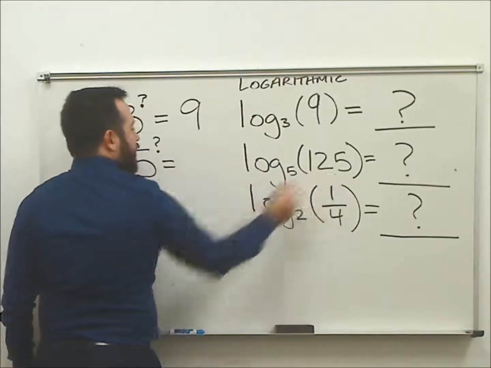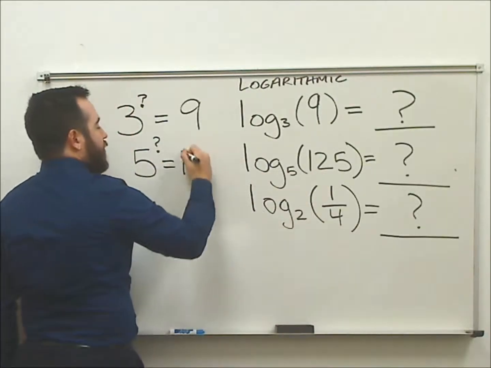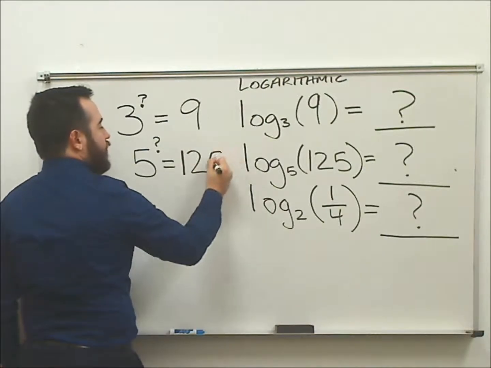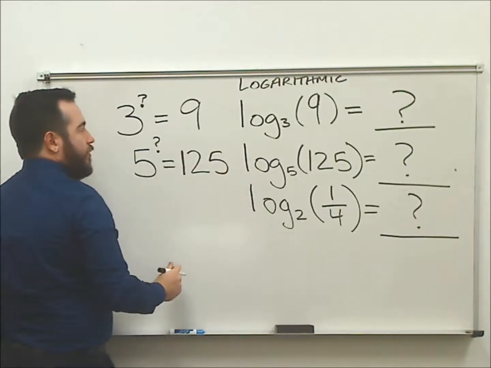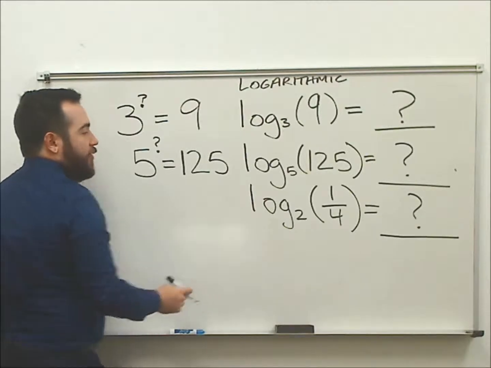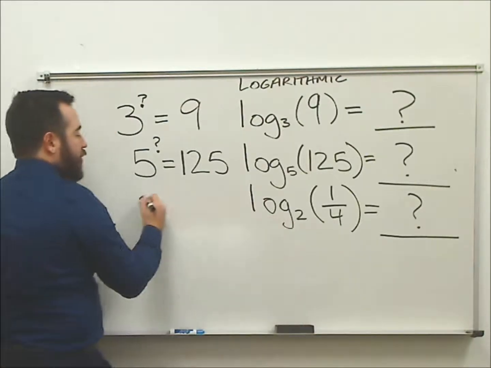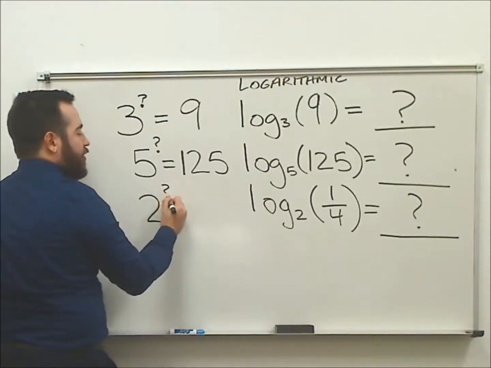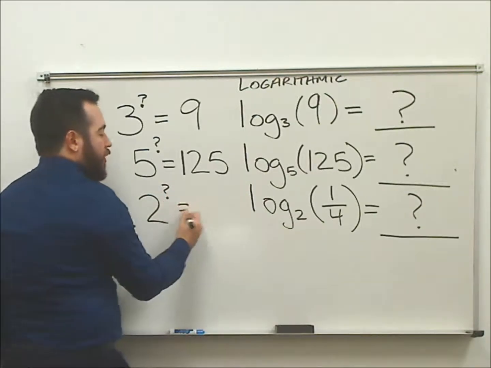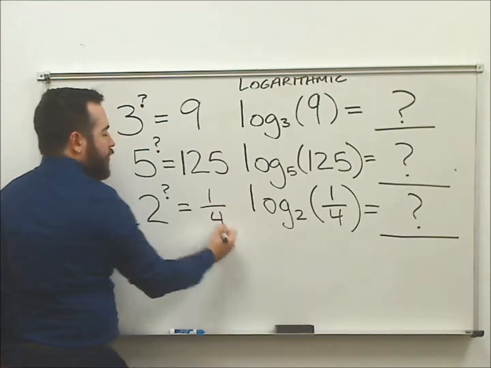And then this number in the parentheses becomes our new right-hand side. Lastly, for log base 2 of 1/4, the small number comes up and gets the question mark as the exponent, set equal to 1/4.